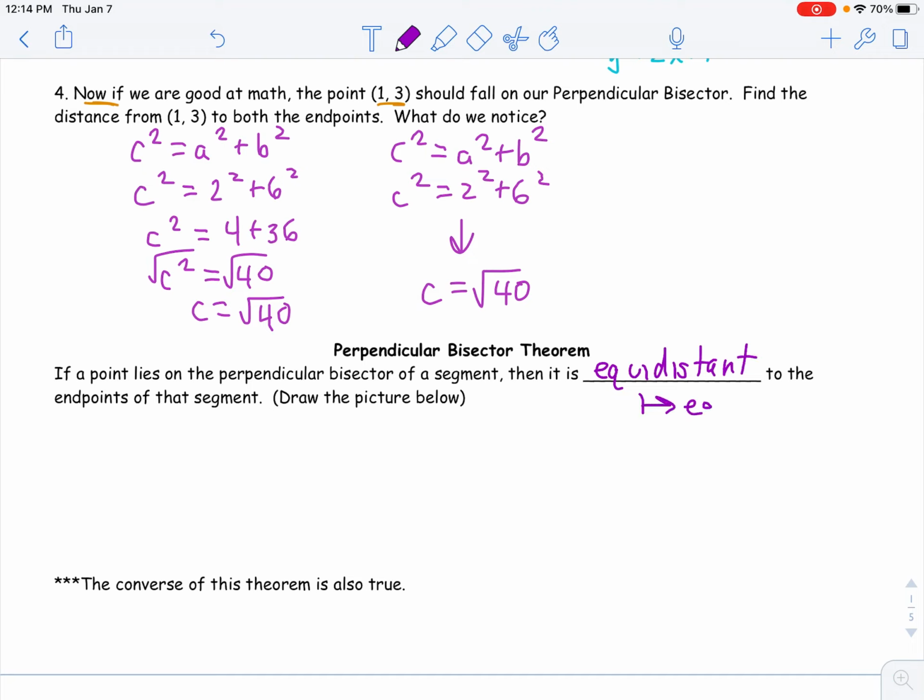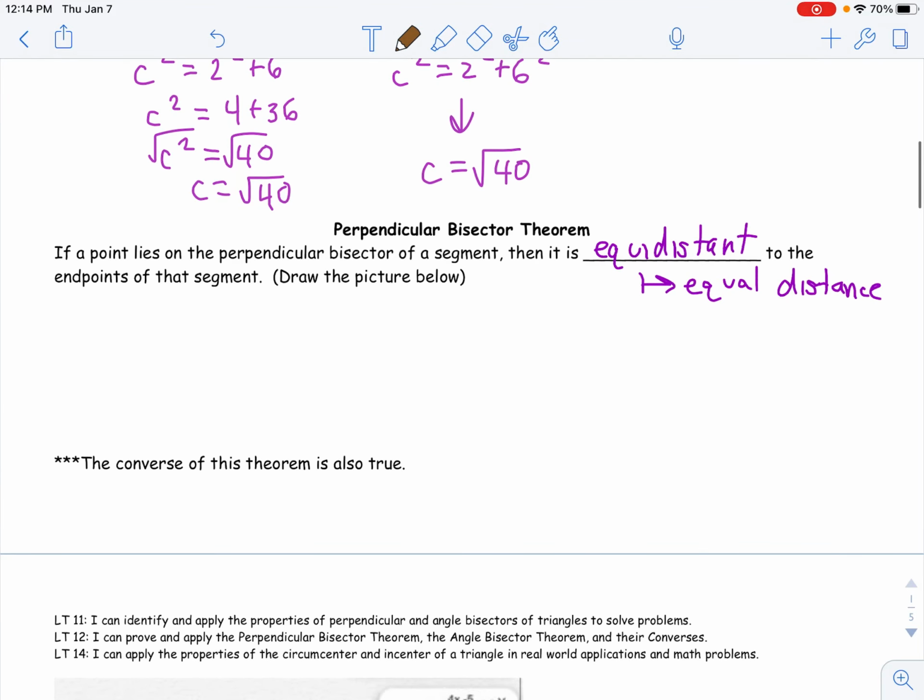And sometimes students ask me, what does equidistant mean? It's kind of a self-explanatory word. It means equal distance to the endpoints of a segment. So it says draw a picture below. We'll draw it like this. We'll keep it simple.